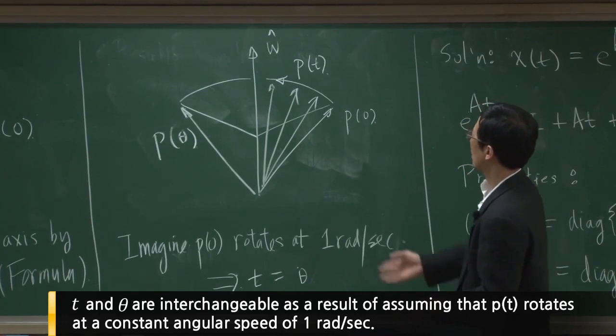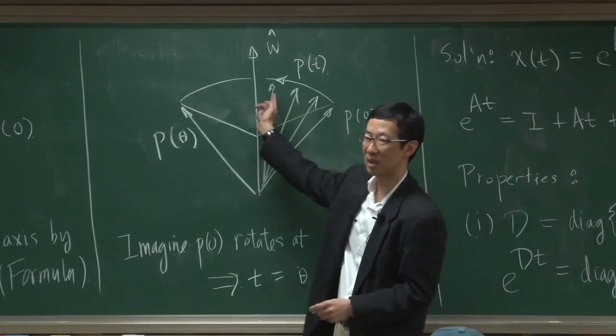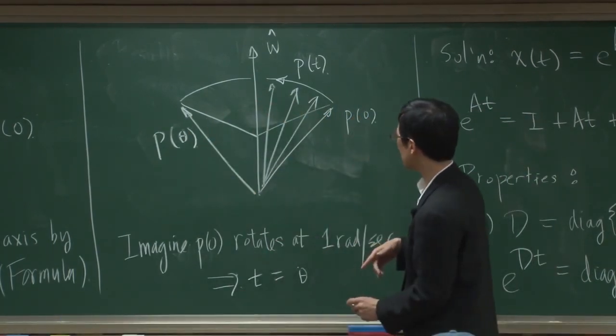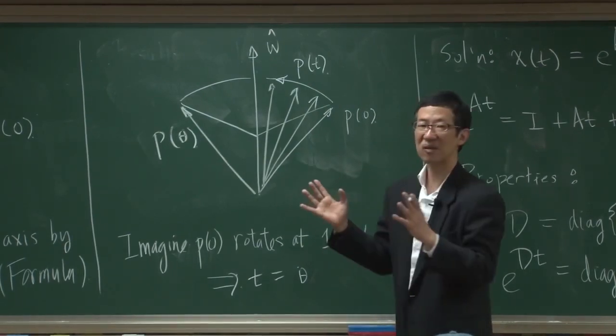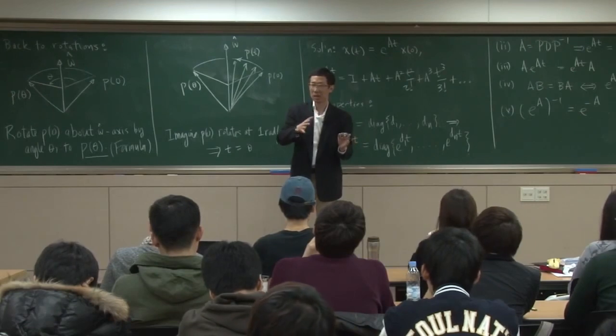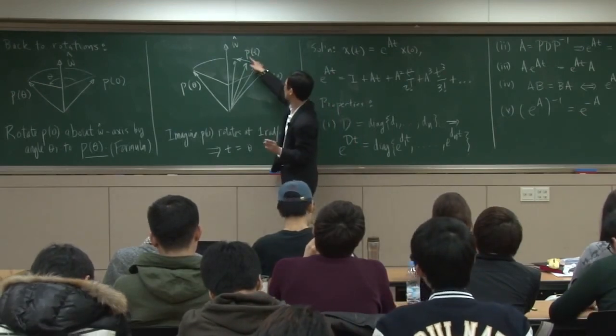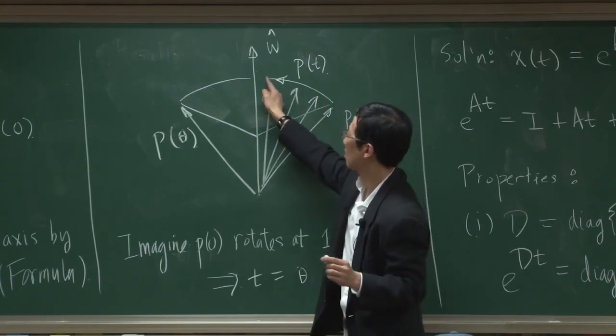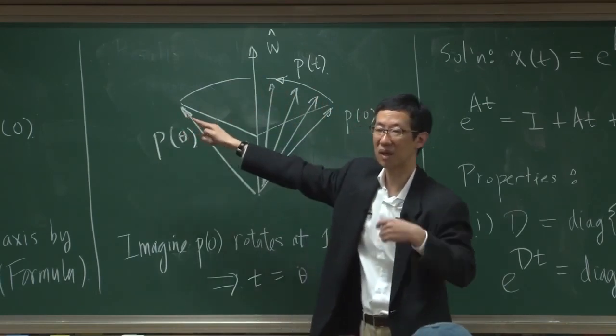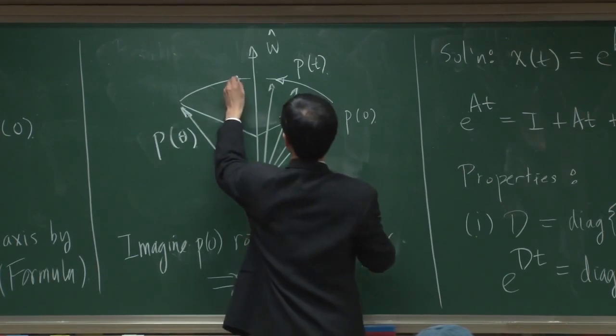So here's p of t. It's tracing a circular path like this. Now let's ask the question, what's the velocity of this particle moving along the circular path? Let's draw it.